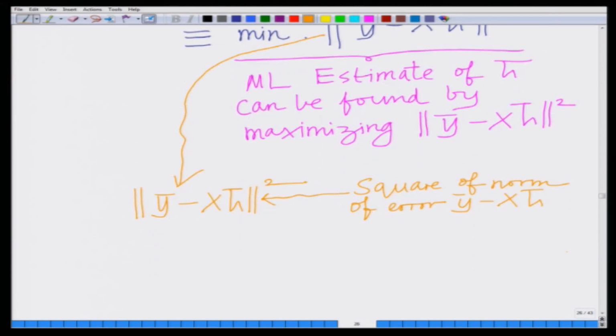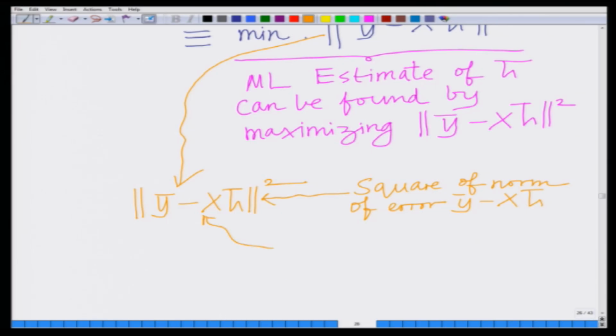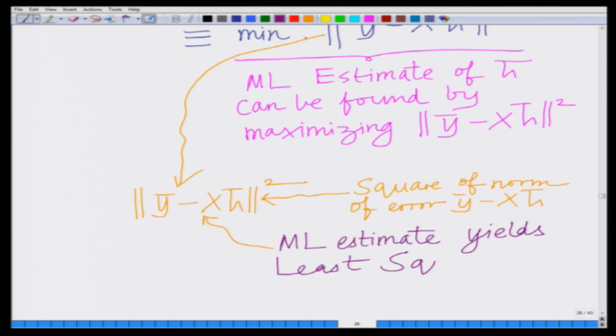This is the square of the norm of the error, and we are trying to find the h bar which yields the least squared norm of the error. So, the h bar ML estimate yields the least square norm of the error.